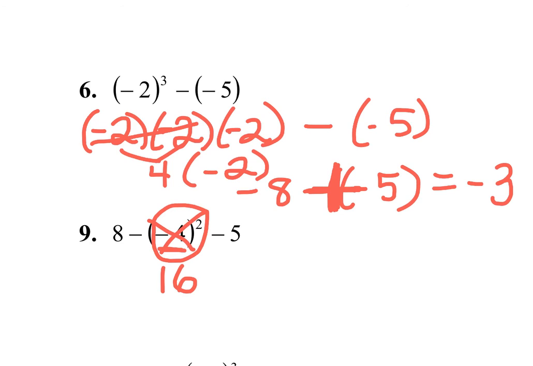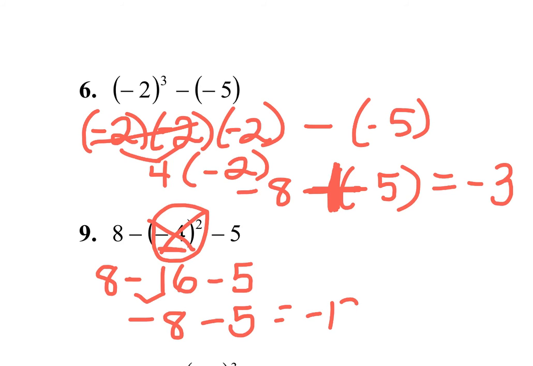Now we still have the 8 out here, and we still have this minus sign because that was before the parentheses. Make sure that you do not assume that you've taken care of that negative. Now we're just going to go left to right. 8 minus 16 is negative 8, and negative 8 minus 5 is negative 13.